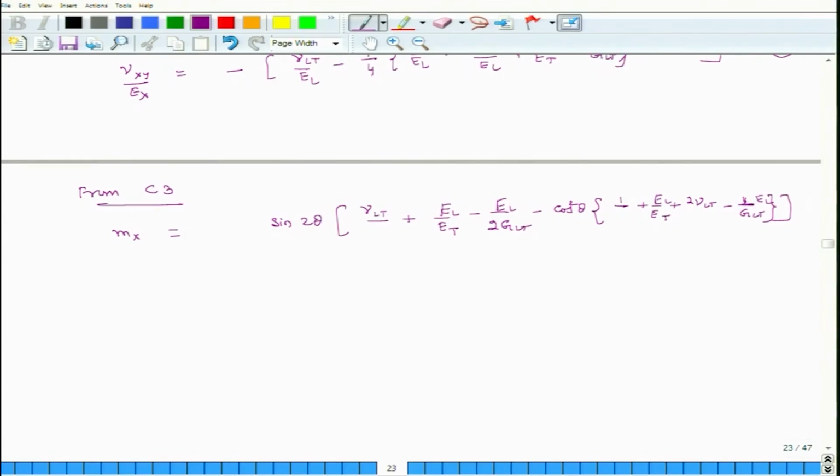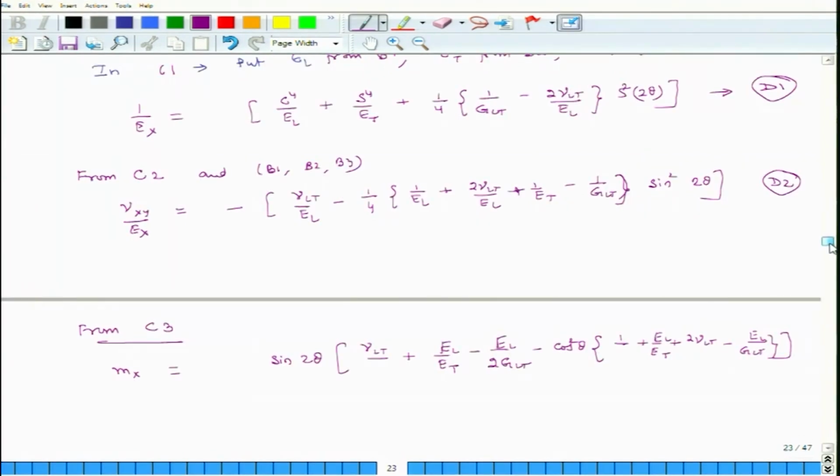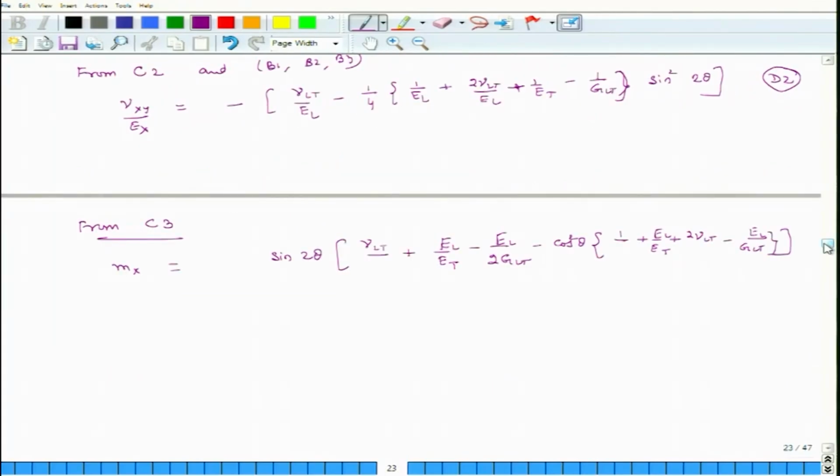So, this is 1 over EL over GLT, or this 1 is redundant and just adds confusion, so I will write it as EL over GLT. So, from C1, C2, C3 we get relations for Ex, nu xy and mx, which is the cross coefficient. So, this is D3.